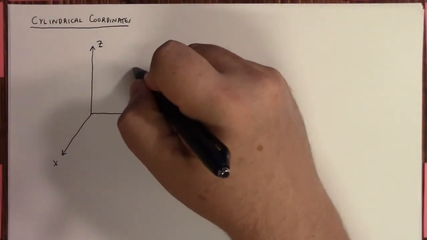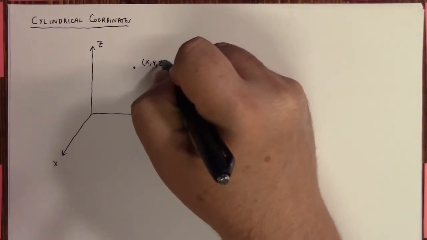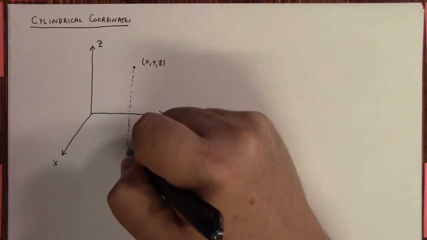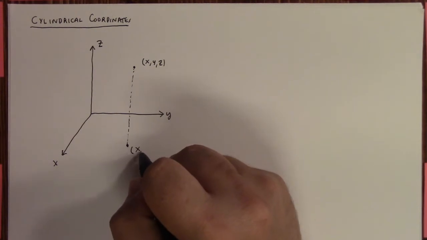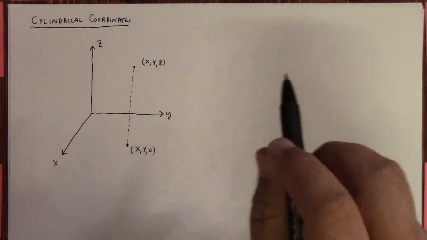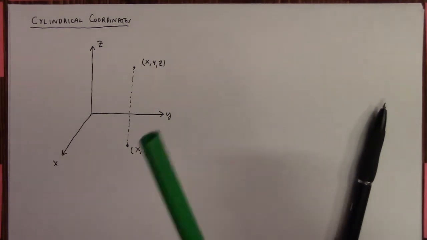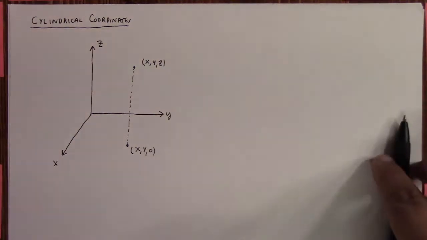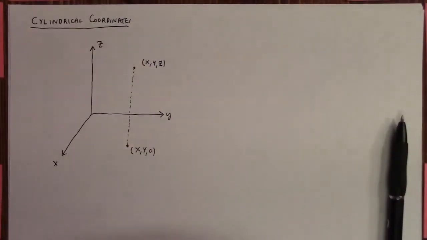If you take a point here, say x comma y comma z, I'm supposing that the projection of that point down into the xy plane is here, all right? So that would be x comma y comma 0. Then the cylindrical coordinates are, well, z is one of the cylindrical coordinates, so that's simple enough, right?